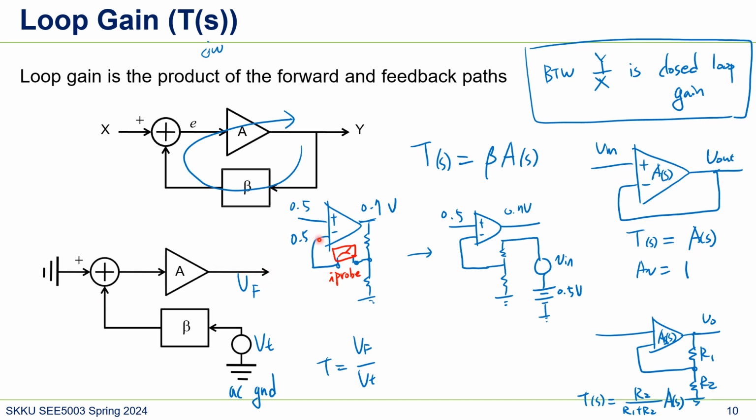In Cadence, we cut the loop here, place the iProbe component, and then run an STB stability simulation. Then it automatically measures the loop gain.